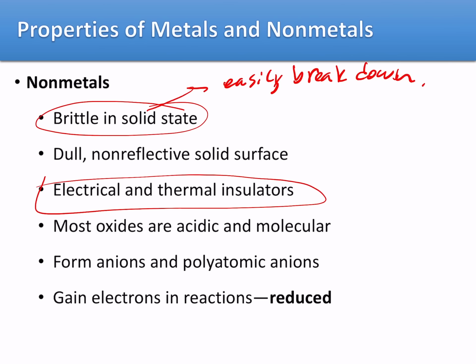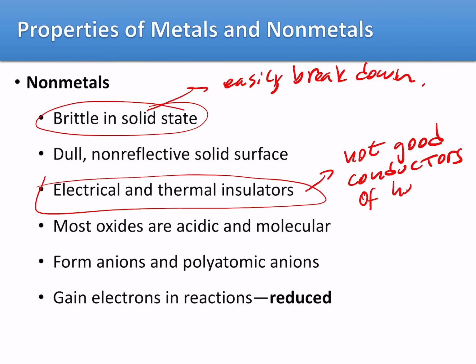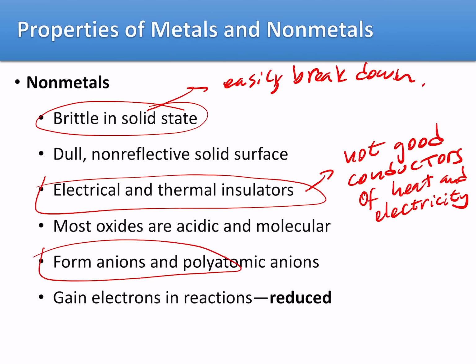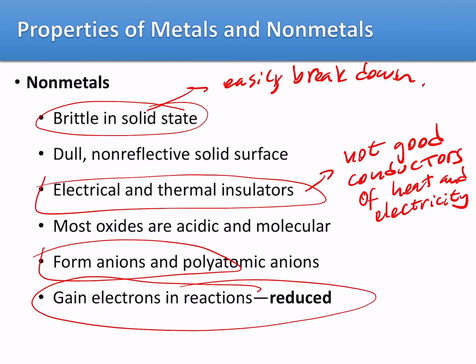Electrical and thermal insulators, that means not good conductors of heat and electricity, so the opposite of the metals. And probably the most important thing in terms of chemistry that we need to remember is that the non-metals tend to form anions and polyatomic anions, and they do that by gaining electrons, so they get reduced. So those are the main differences between metals and non-metals.